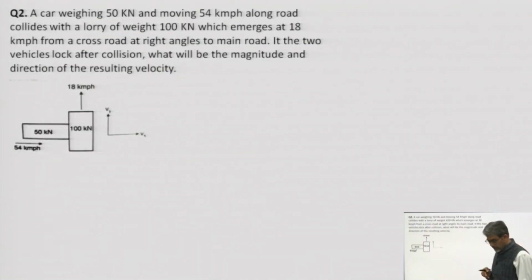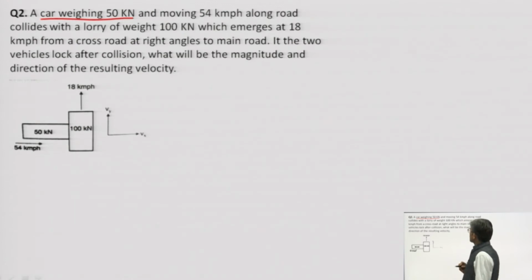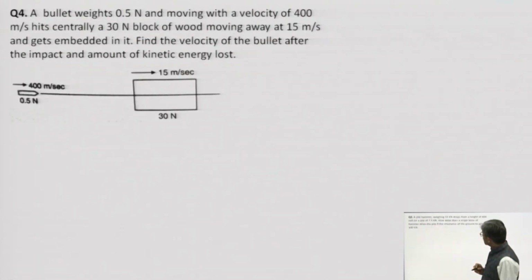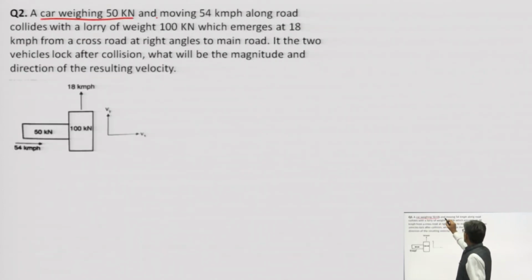Okay. Let us take one more example. Here a car weighs 50 kilonewton, and is moving at 54 kilometer per hour.